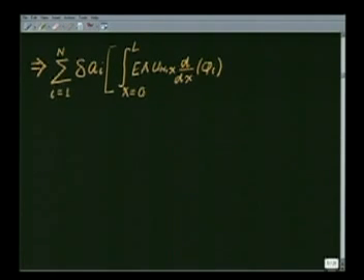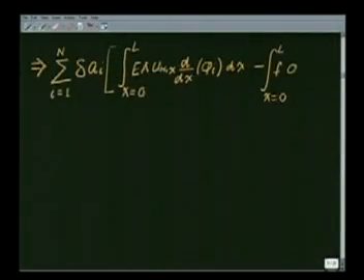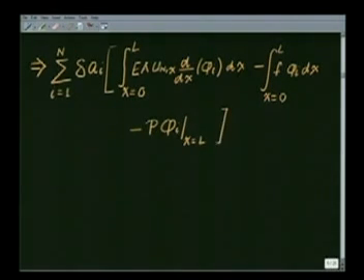One should understand that in our example, x to the power of i is our phi i, dx, minus integral x is equal to 0 to L f phi i dx minus P into phi i evaluated at the point L. This whole expression is equal to 0.